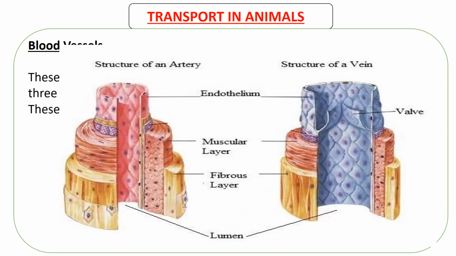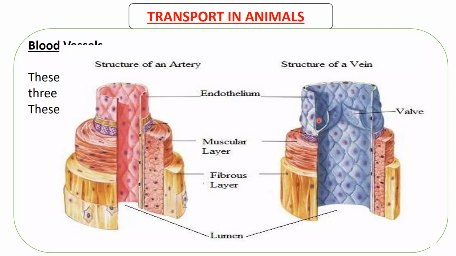So we're going to start with a comparison of an artery and a vein, or the structures that make up an artery and a vein. As you can see, this is an artery and this is a vein. Some notable features: in the vein we have valves, these valves here. Well, in the artery we don't have valves.